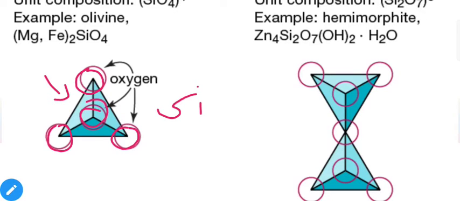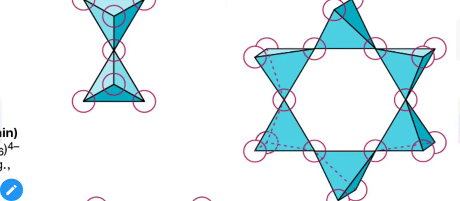If they share one common oxygen, then this type of structure will be obtained. Here we have only one common oxygen, or one of the oxygens is shared by two different Si or silicates. With two common oxygens, we have two different possibilities. First is mentioned here. We have a ring type structure.